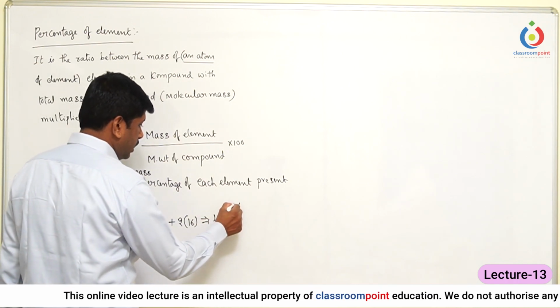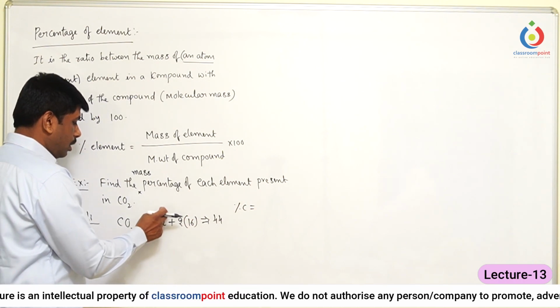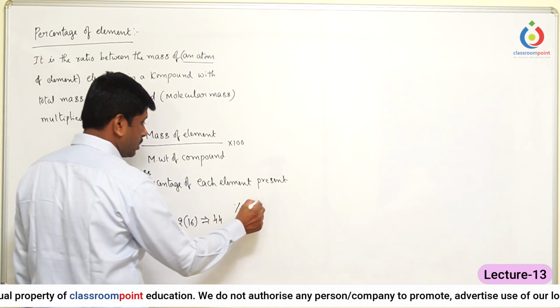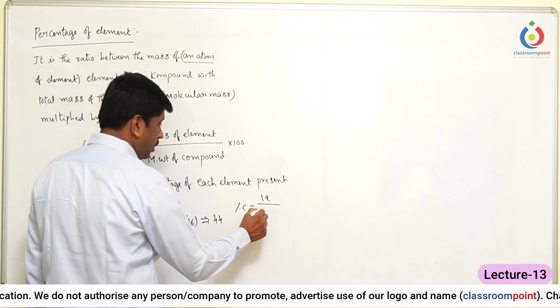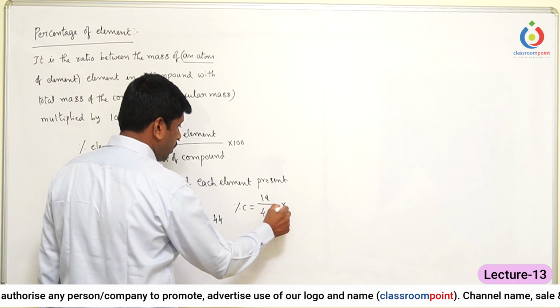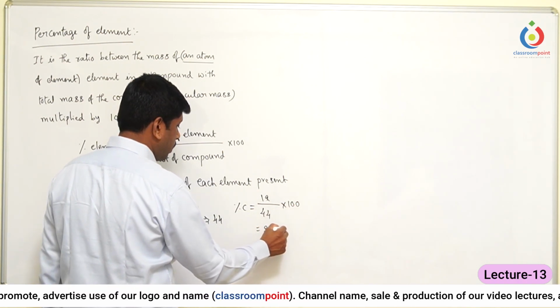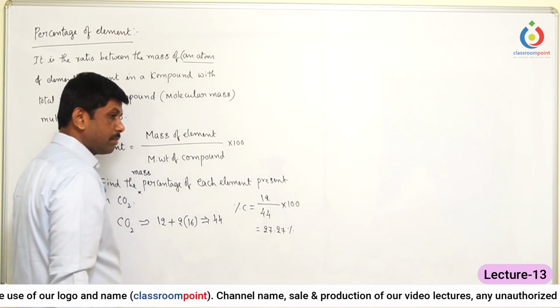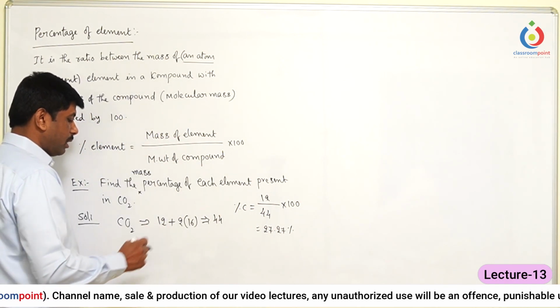Then percentage of carbon in carbon dioxide is equal to mass of the carbon, 12, divided by total mass of the molecule, that is molecular mass 44, into 100. So you'll get 27.27%.